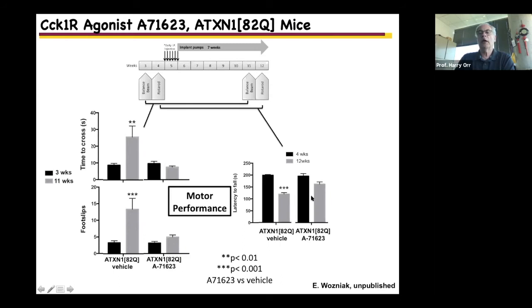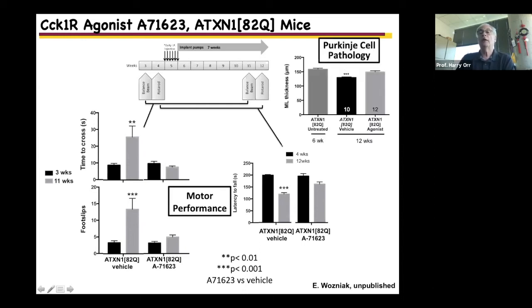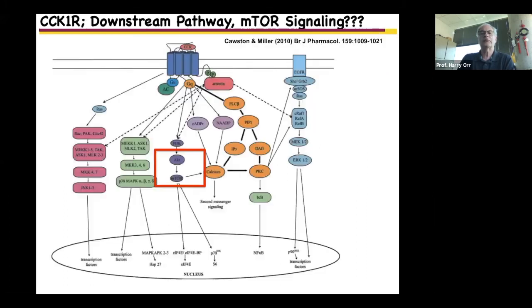And similarly, the 82Q animals receiving the agonist did not show the deficit in motor performance as assessed by rotarod. And finally, in the 82Q mice, the agonist protected animals against the atrophy of the Purkinje cell dendrites as assessed by molecular layer thickness. So in two SCA1 models, if you will, this agonist proved to be effective in terms of disease phenotypes.